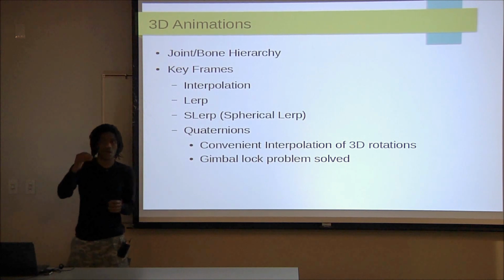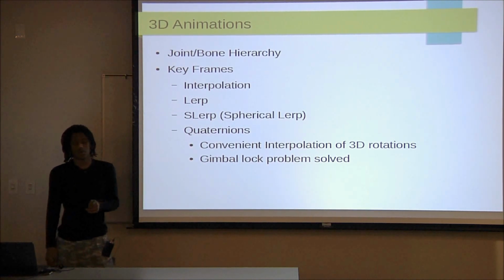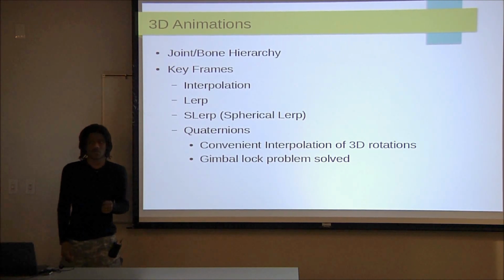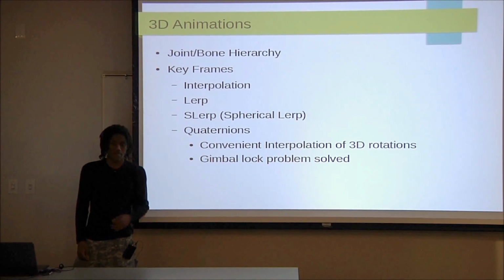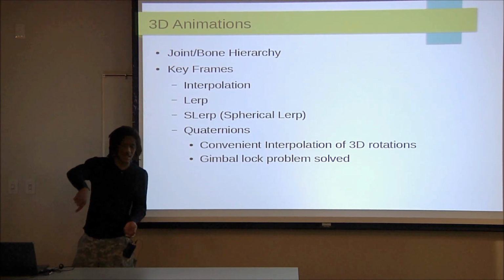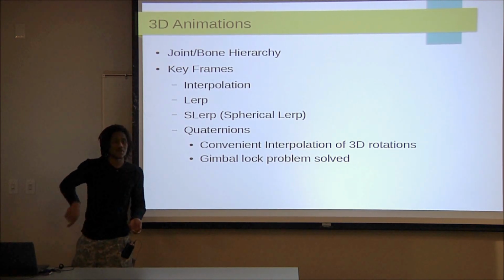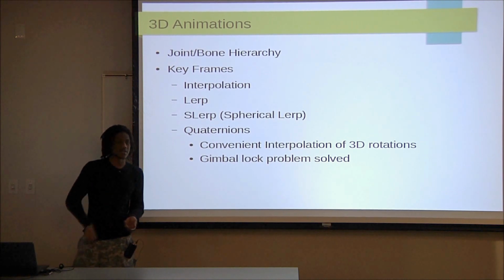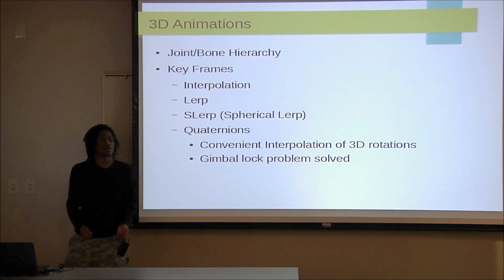So if you did yaw, pitch, and then roll in that order, and you change your pitch or your X rotation by 90 degrees, and then try to change your Z, your Z has now just become your Y. Your Z and your Y are the exact same axis. You just lost your Z axis.